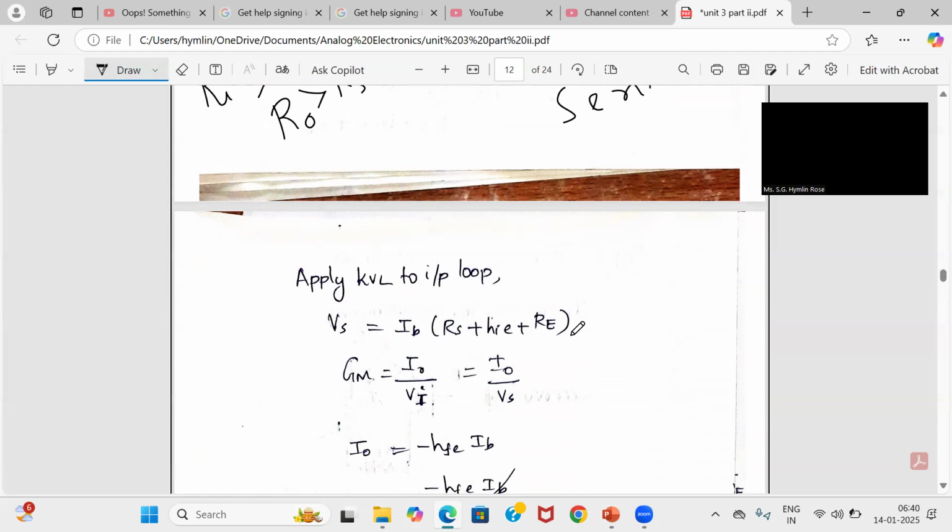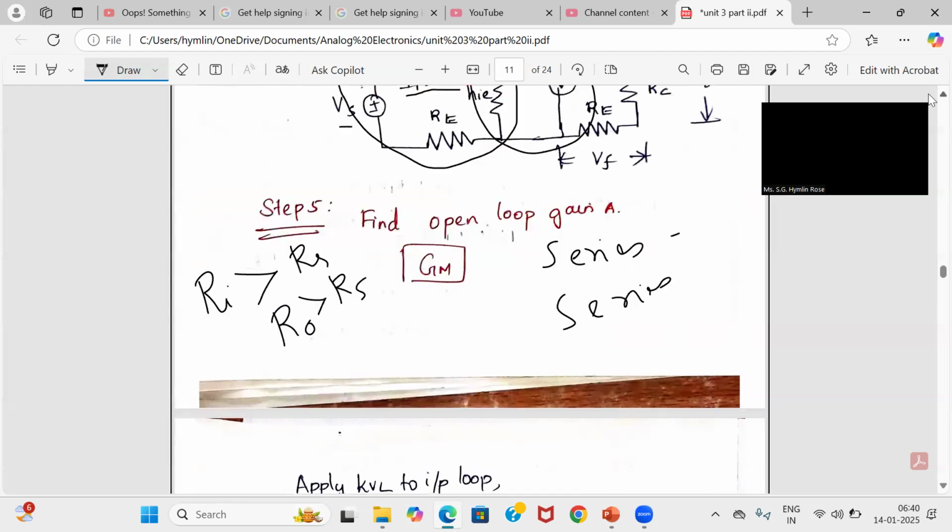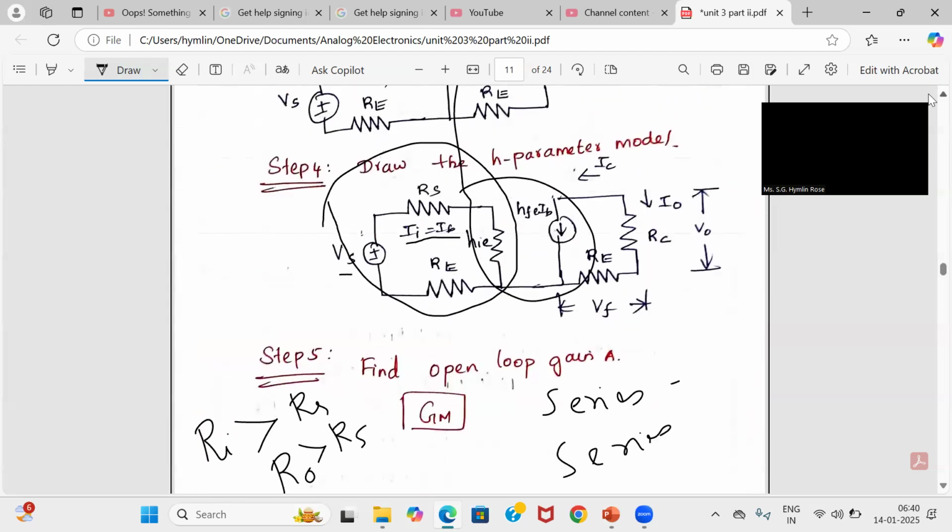But transconductance is given by output current by input voltage, I naught by Vs. Since we have calculated Vs, how to find I naught? Come to the output side. In this output side, you have this current I naught. The output current I naught is opposite to the collector current.